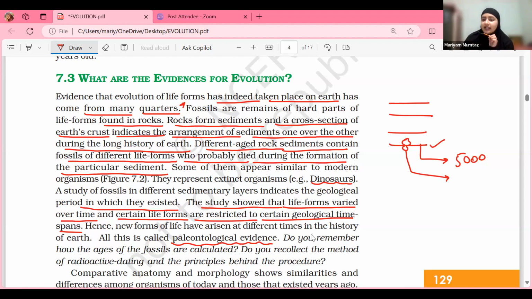So this fossil also existed 5,000 years ago, isn't it? Got this much? This is what they're saying. And always remember that the evidence that comes from fossils is known as paleontological evidence. Okay?